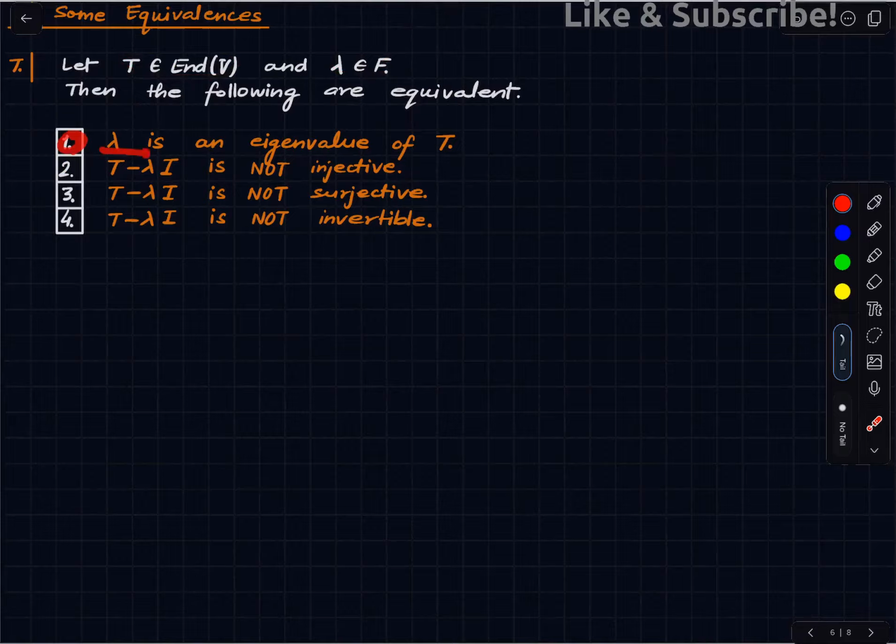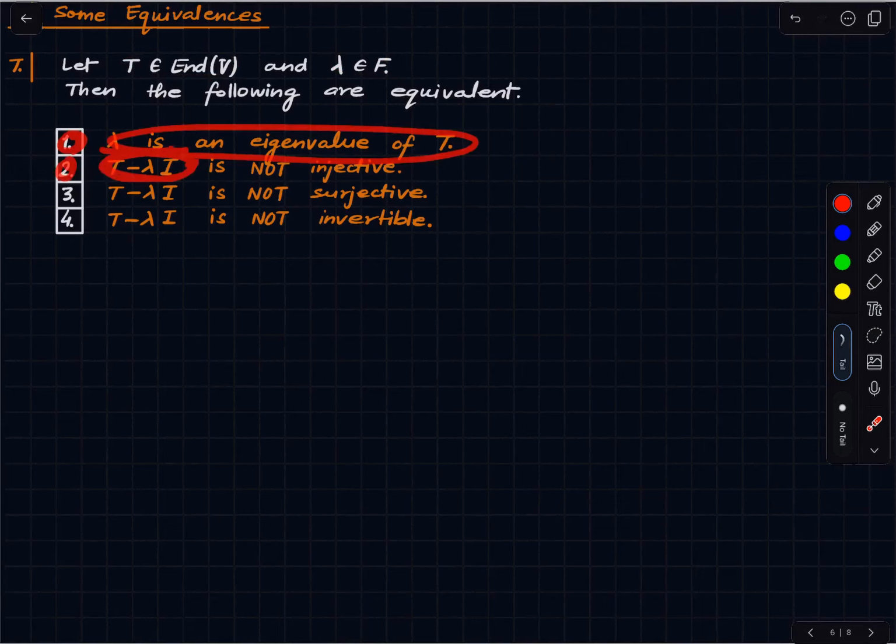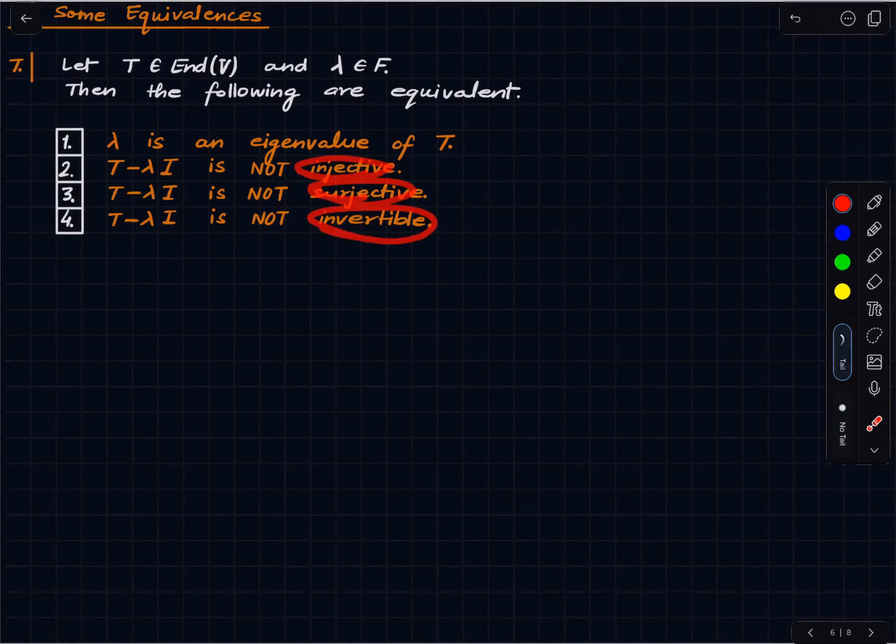First is that lambda is an eigenvalue of T. Second is that T minus lambda I is not injective. And the remaining equivalences are just basic linear algebra. Non-injectivity is equivalent to non-surjectivity is equivalent to non-invertibility of any endomorphism, because we are working over a finite dimensional vector space.